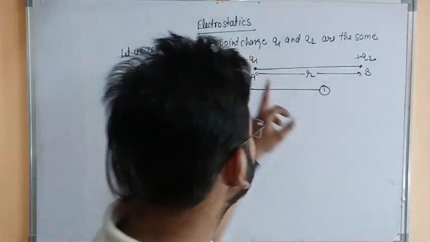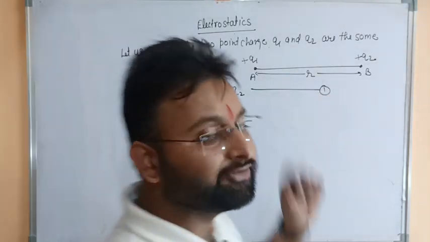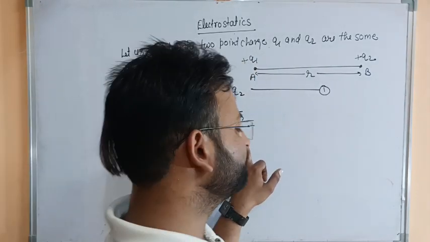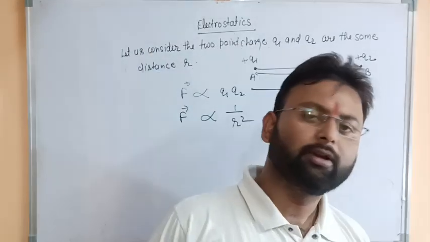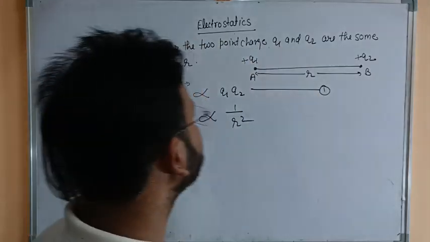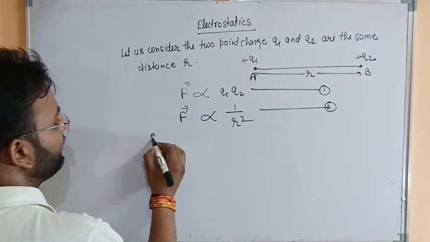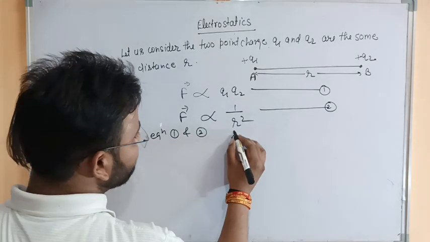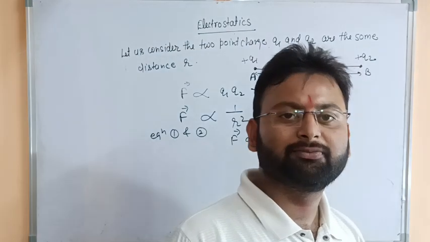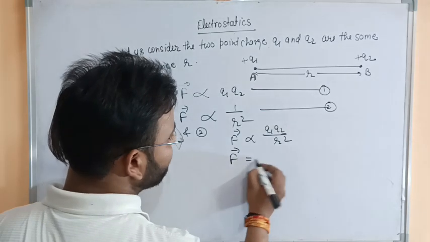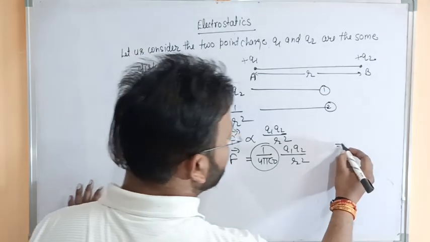And the force is inversely proportional to the square of the distance between them. If the distance is long, then the force is small. Combining equations 1 and 2, we write F proportional to Q1 Q2 by R square, and removing the proportional sign with a constant gives 1 upon 4 pi epsilon naught Q1 Q2 by R square, where this constant is K.